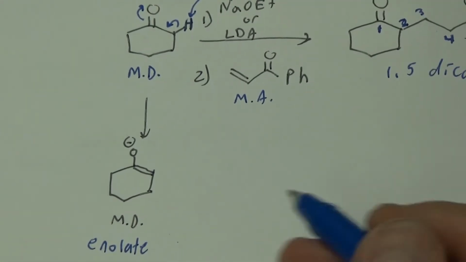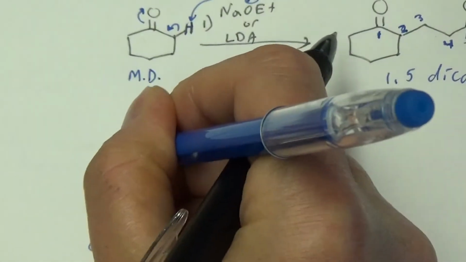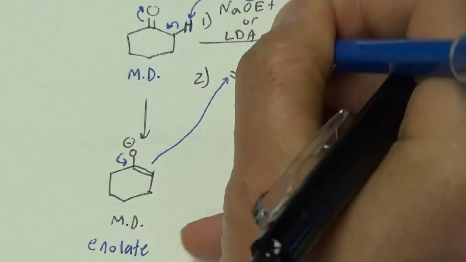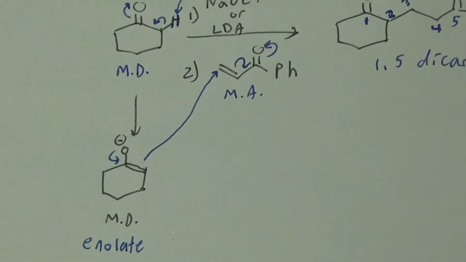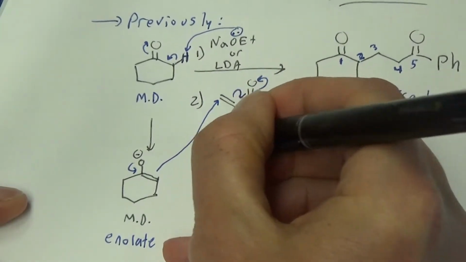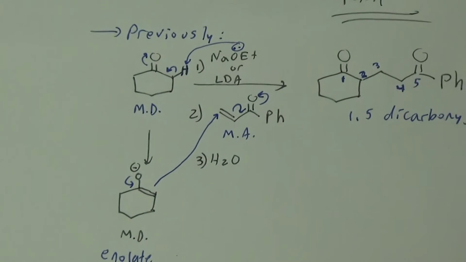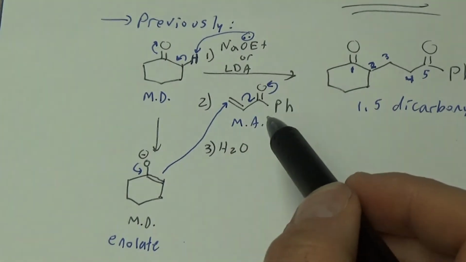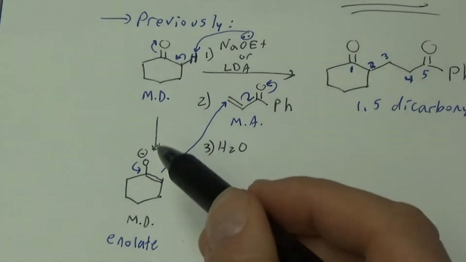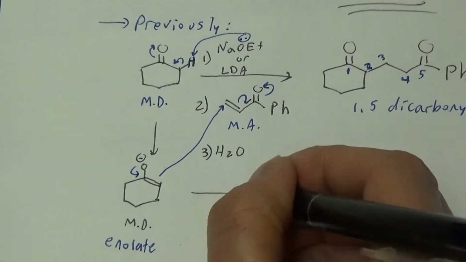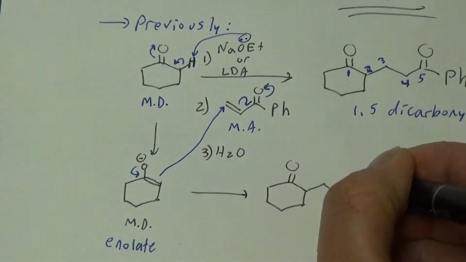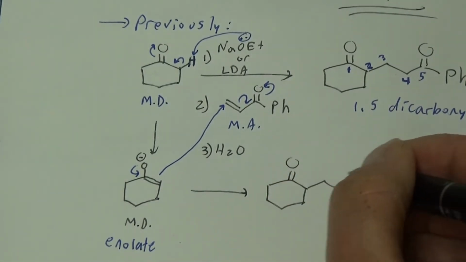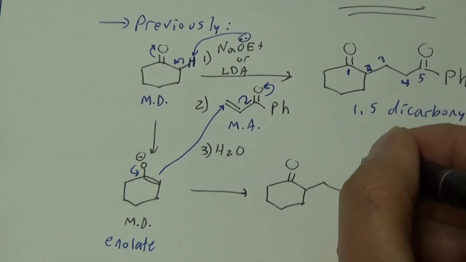And yeah, so now the donor attacks the acceptor. And so this goes there, this goes there, this goes there, this goes there. It attaches. I forgot step 3, which is like water. Let's add water in there. You need some kind of protonation step. So it's base, Michael acceptor, water. Alright? Because you make an enolate here. 1, 2, 3, 4, 5. O minus.